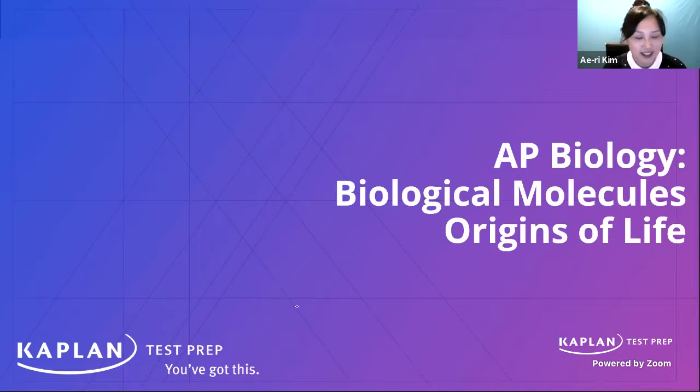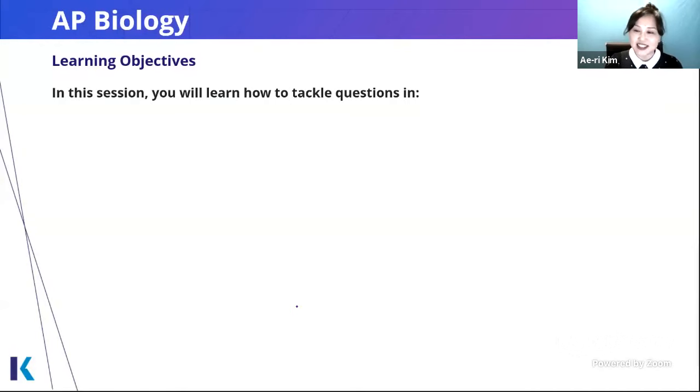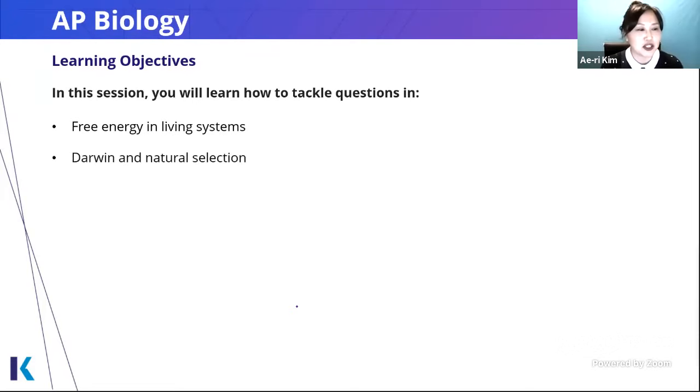Okay, so the objectives in this lesson: we're going to tackle questions on free energy and living systems, and then we're also going to do a little bit on Darwinism and natural selection. I'm not teaching these content topics, to be clear.